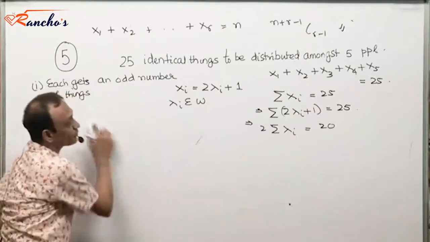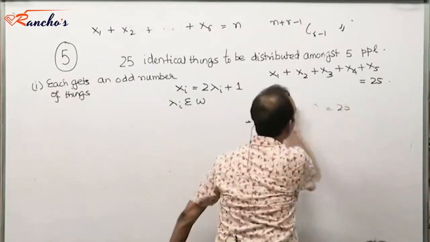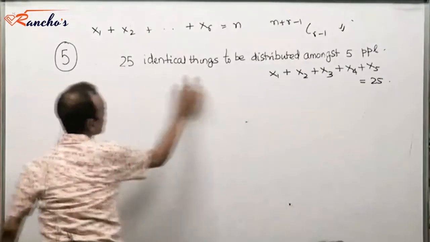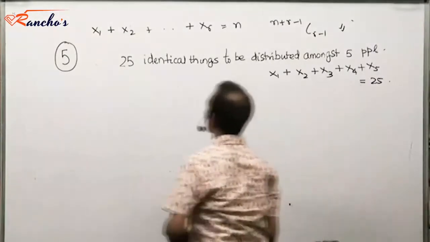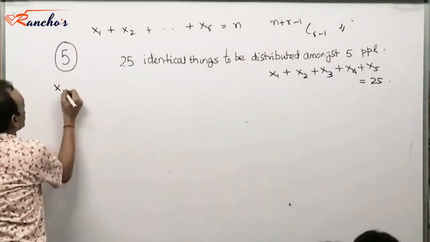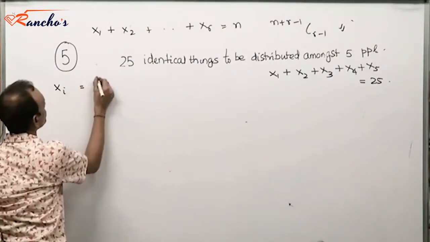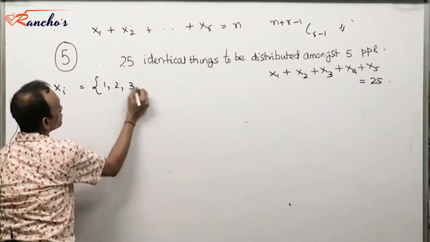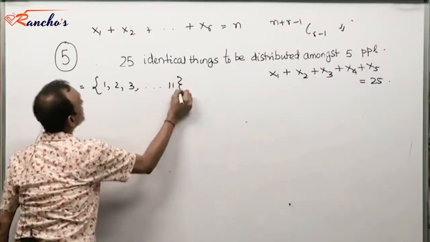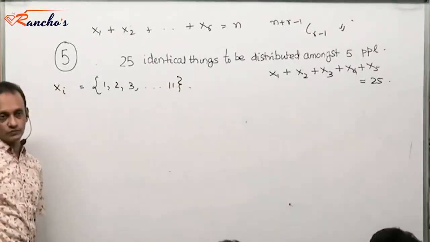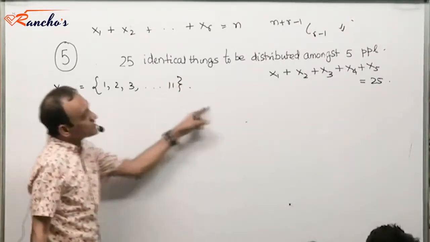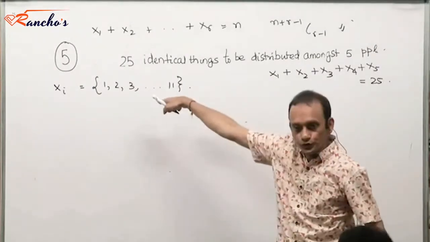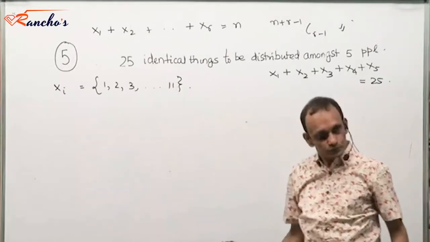So now my xi's will take values from this set: 1, 2, 3, up to 11. These are the values that all the xi's will assume. Given this, I want to find the number of solutions to this equation, given that xi's belong to this group. Clear?